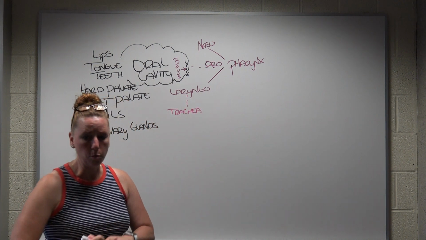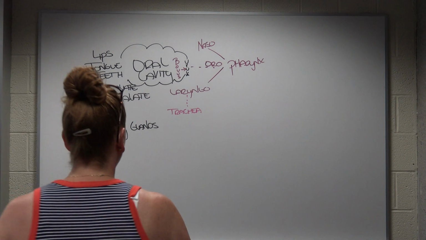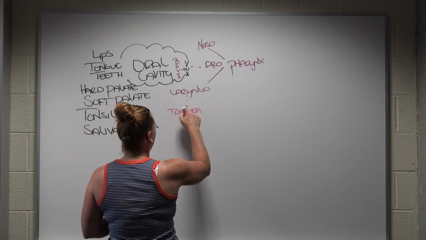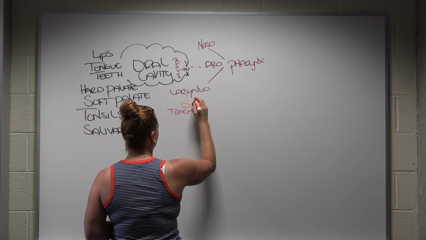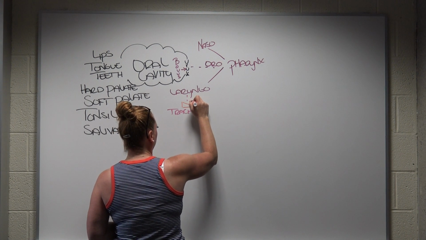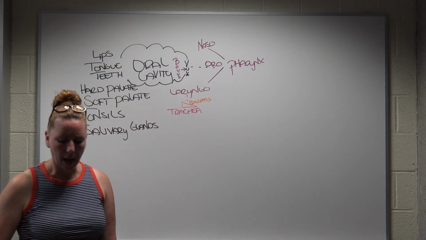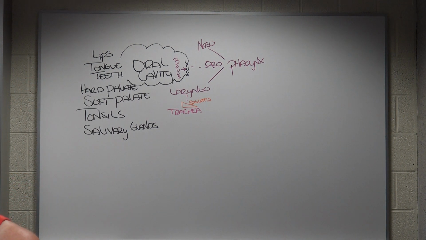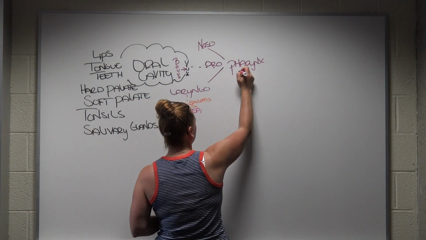We don't want food moving into that trachea and into the respiratory system. So we've got a little structure that hangs over the top, a little trap-like door, that will close over the top of the trachea to prevent food from entering into the trachea and pushing food from the pharynx into this next structure called the esophagus.